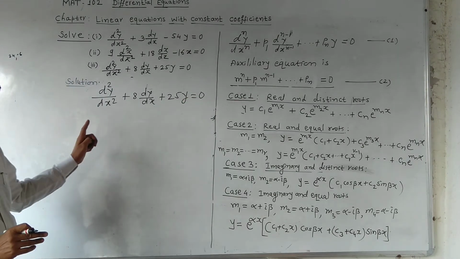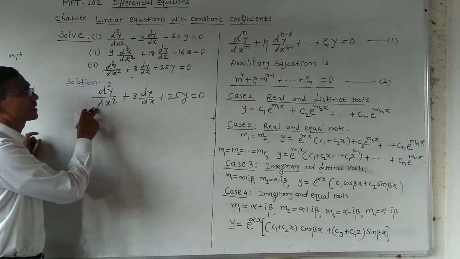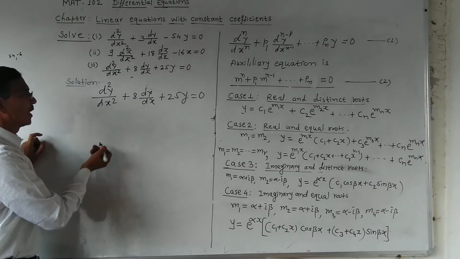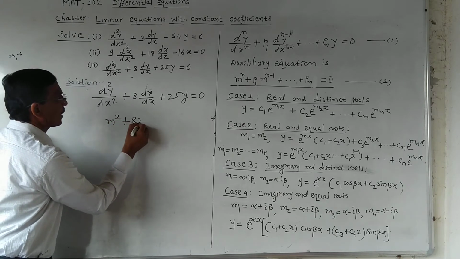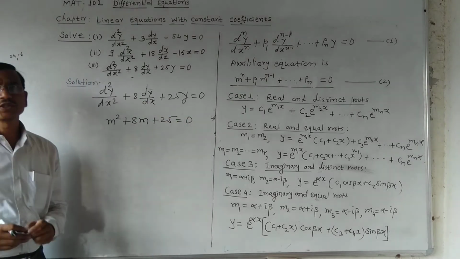Now here, at first write the auxiliary equation, which is a second order linear differential equation with constant coefficients. Its auxiliary equation is m square plus 8m plus 25 equal to 0.